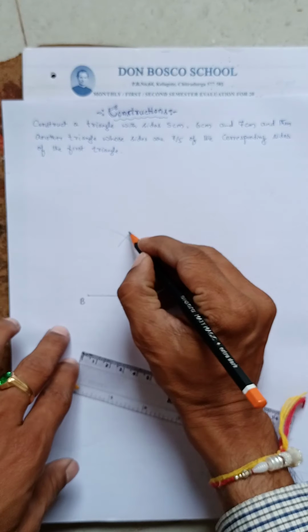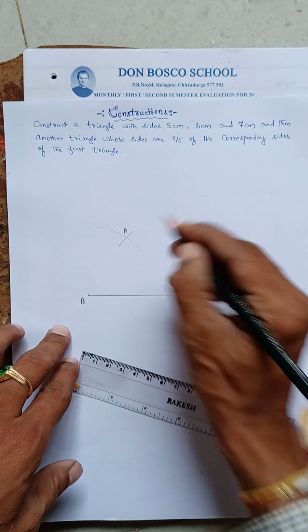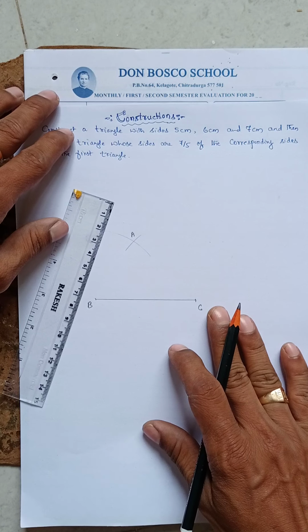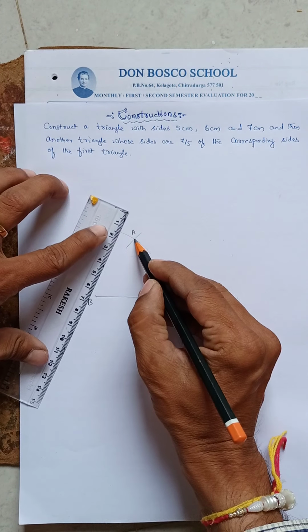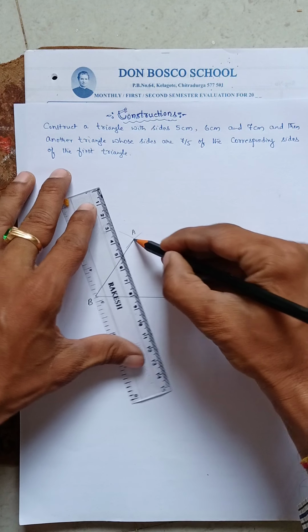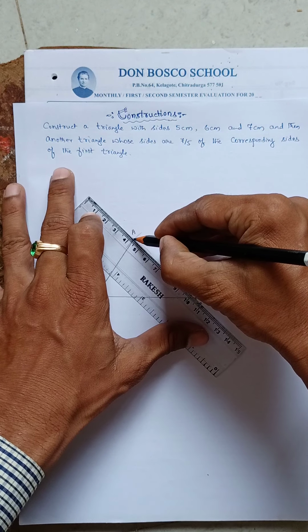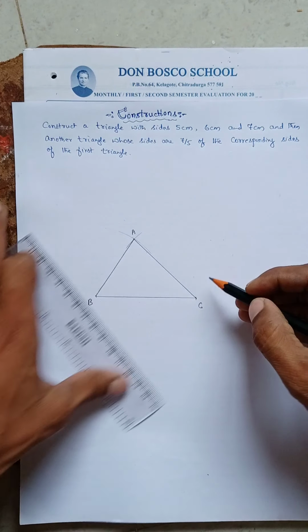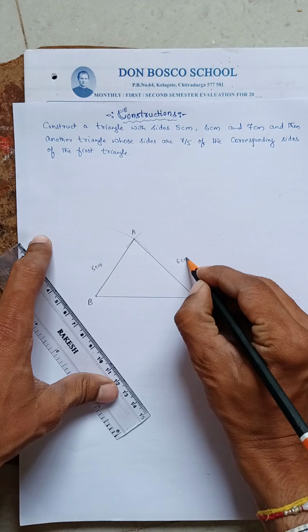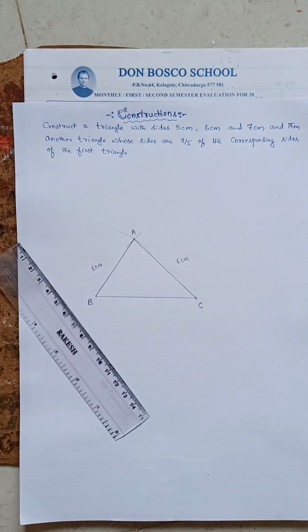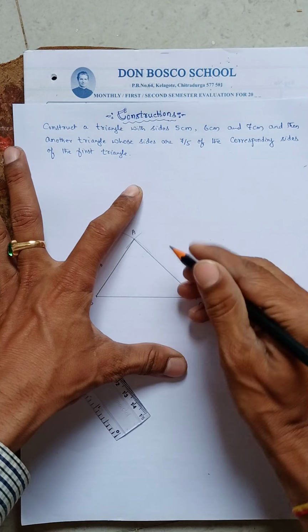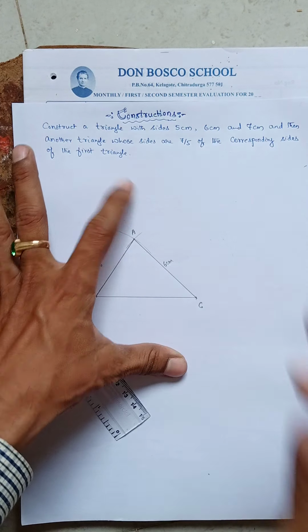Let me call that A. Now join BC, AB and AC. This is AB, this is AC. This is 5 centimeter. This is 6 centimeter. Obviously, this will be 7 centimeter. Let it be, of course, somewhat like this.